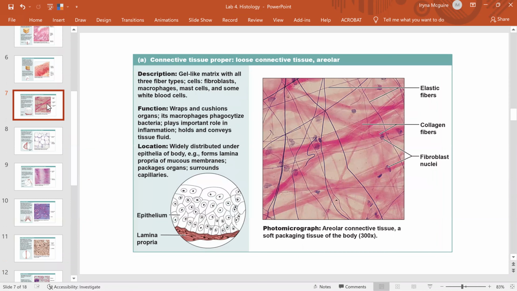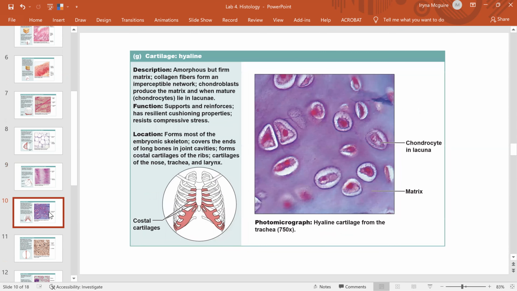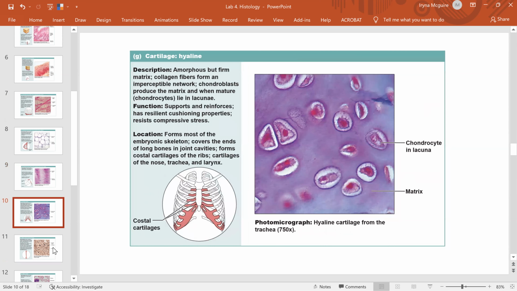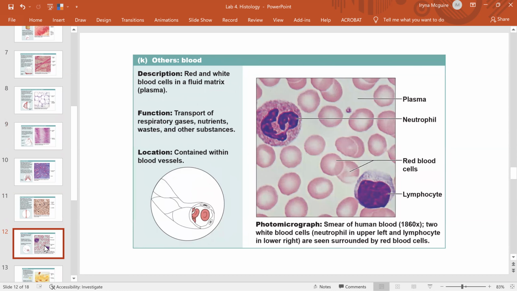Now these three, areolar, adipose, and dense regular, are called connective tissue proper. Then we covered one type of cartilage, hyaline cartilage, and compact bone, and cartilage and bone are supporting connective tissue. And we covered blood, that is fluid connective tissue.